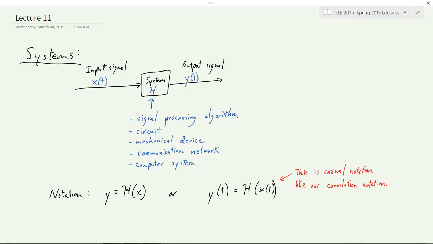Because if you want to know y at a particular point in time, this notation incorrectly suggests that you only need to plug in x at that same time to some function. That's not what we're talking about, and we're not limiting systems in that way. The system can look at the whole input process to determine the output at any time. Okay, through some examples that'll become a little more clear.